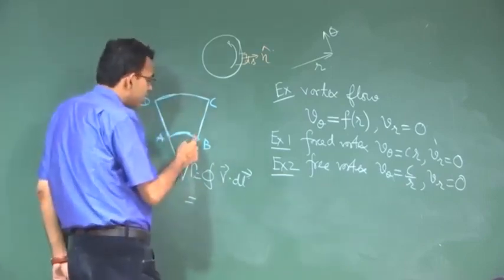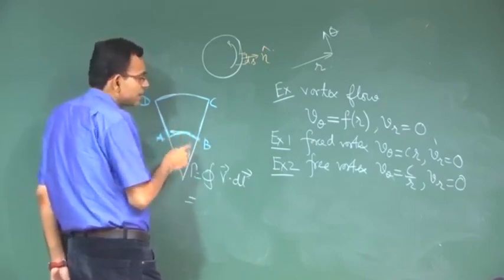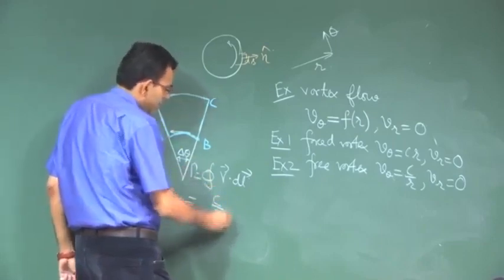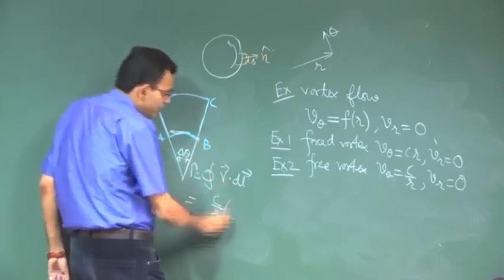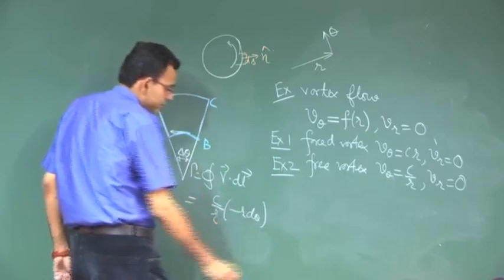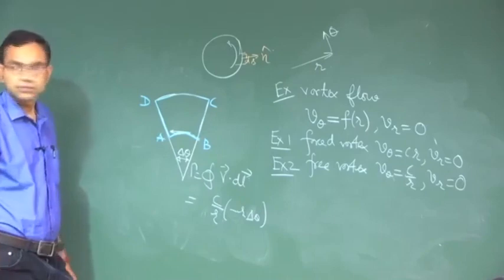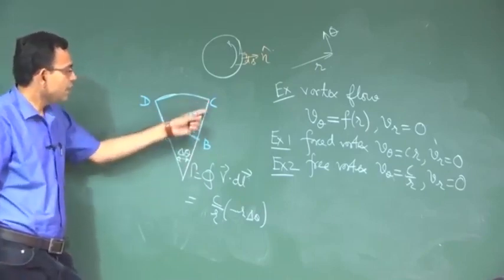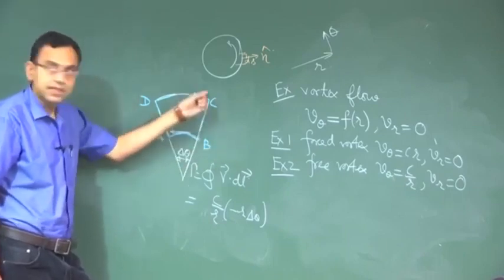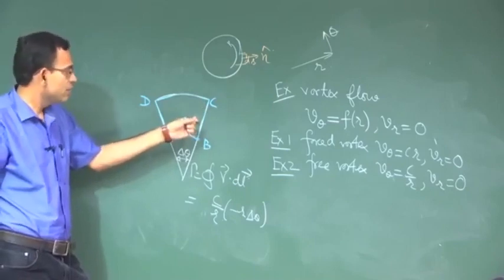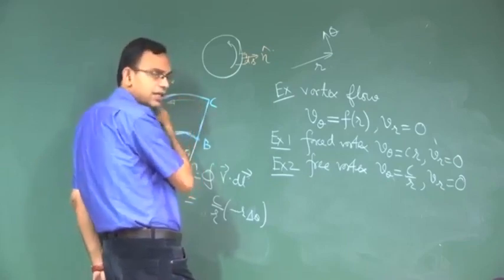So, for AB, V theta is in this direction, right. So, V theta is C by r, dl is in the other direction. So, this will be minus r delta theta, right. For BC, the velocity v theta is perpendicular to BC, therefore, the dot product is 0. For CD, the line element is in this direction and v theta is also in this direction.